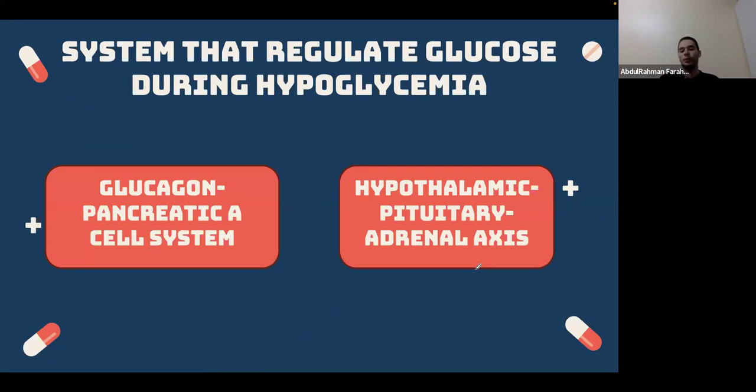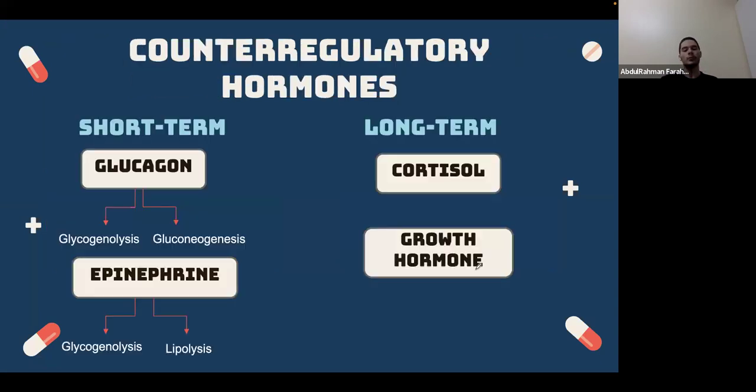And the other system would be through the hypothalamic-pituitary-adrenal axis. And we kind of touched upon this. When there is stress, you'd have a lot of breakdown, an increase in glucose level, and mobilization of the fuels so that you provide energy for the body. And part of those fuels would be glucose itself.